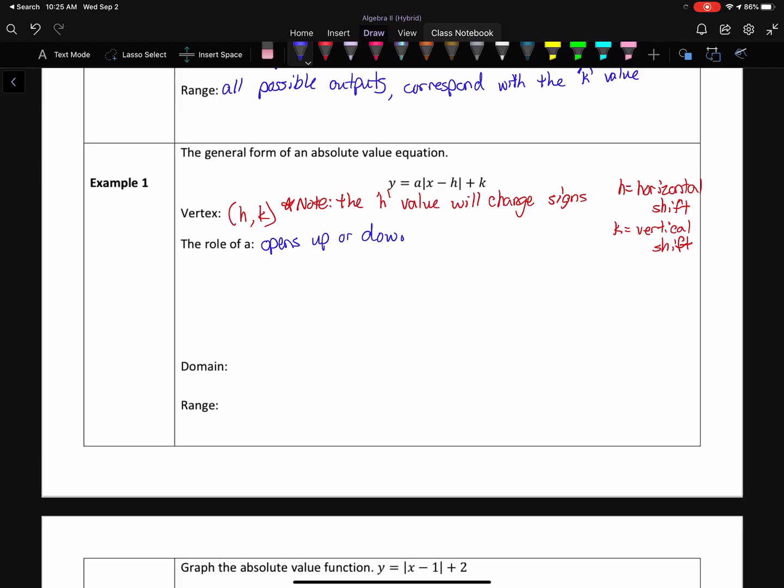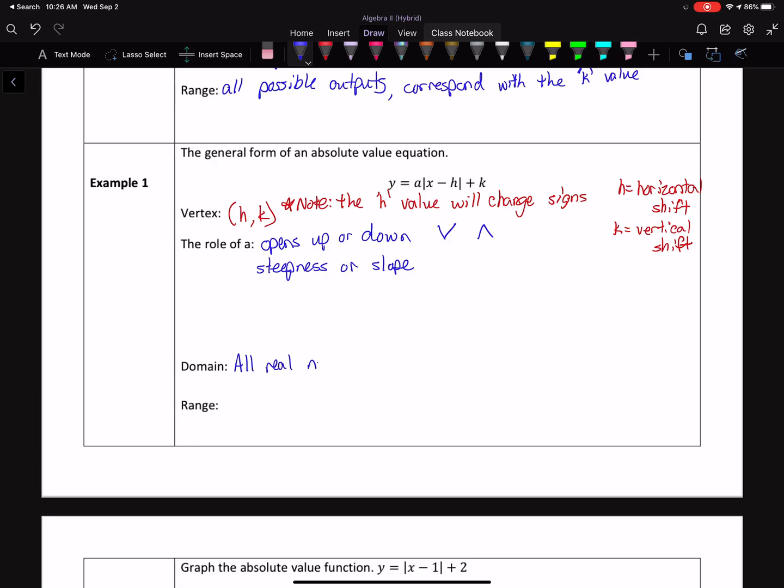So it's going to tell you whether your absolute value graph will look like a V or an upside down V. It also tells us the steepness of the graph. Another way you can think of that is the slope. So steepness or slope.